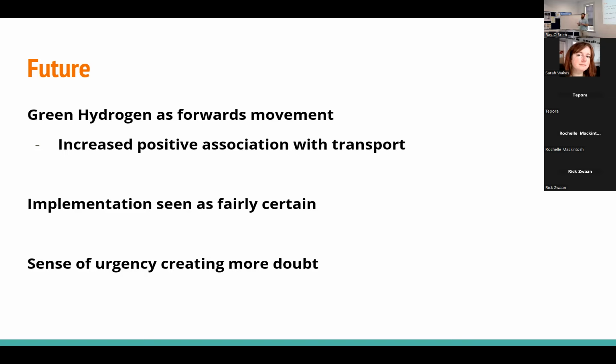It's, green hydrogen is coming, but there isn't really anything you can do about it. That's the narrative that's coming through. But when you pair that with the economic side of things, it's an industry-specific thing, but it is going to start to cost us, which is probably where we start to see a bit of a slant towards the negative side of things.